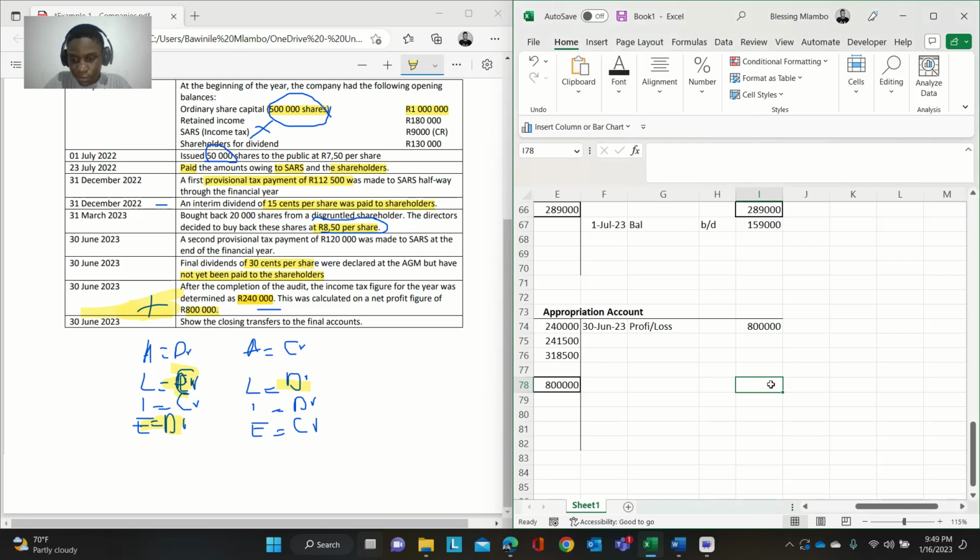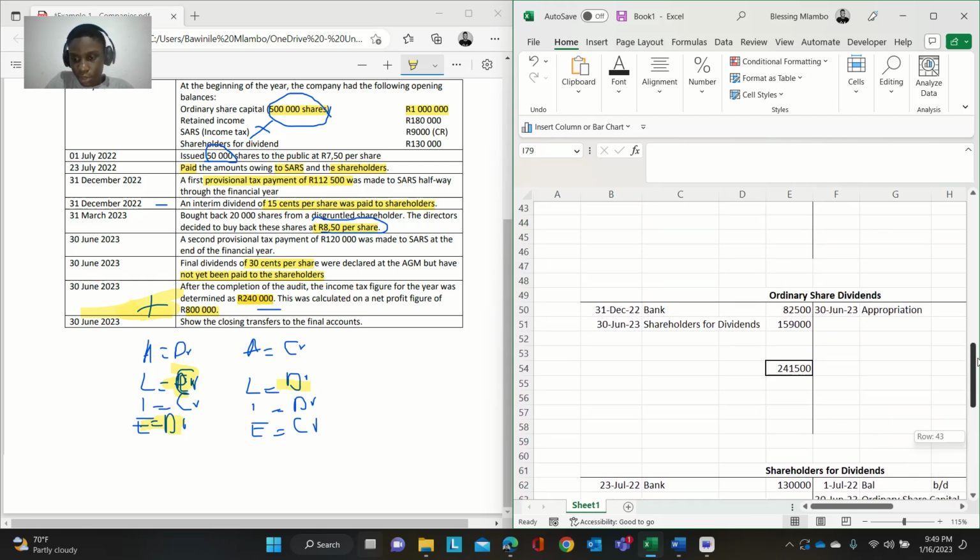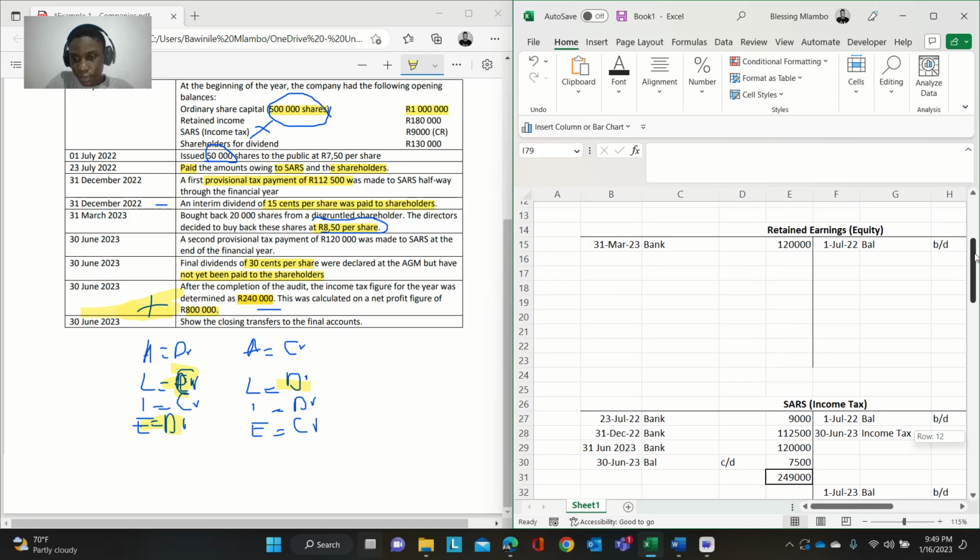You have the profit for the year on the credit side. On the debit side, you have your income tax, because you closed off that income tax expense account to appropriation, and the ordinary share dividends, because you closed them off to the appropriation account, and the remaining balance goes to retained earnings. So this balance will be taken to the credit side of retained earnings.